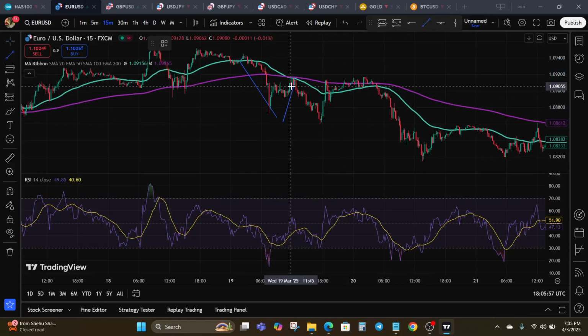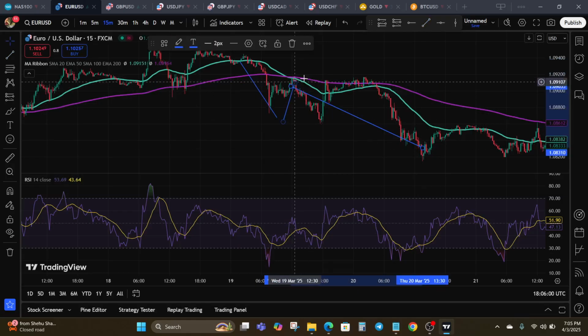Then, of course, you look for continuation around here. You wait for the price to pull back to the 50 EMA, and then you check if the RSI is near or above the 50. In this case, it was above the 50, but not in overbought. It should not be in the overbought. That's a strong sell signal.